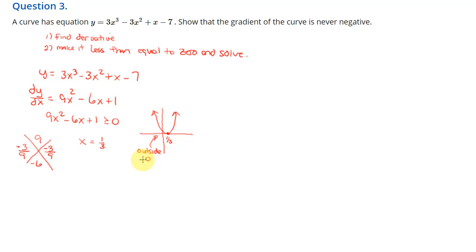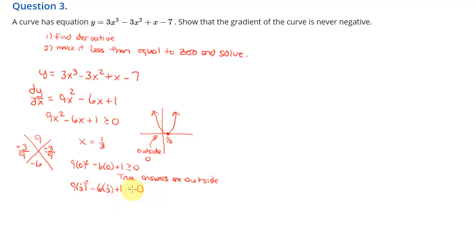So what I'm going to do now is check an outside point, just like I would have otherwise. If I plug a 0 in there, I'm going to find out that whenever I plug an outside point in, it's going to be greater than 0. So that's true. And then if I take 1/3 and plug it in, I'm going to find out that it's going to equal 0, which makes sense because it's an x-intercept, and x-intercepts are when y equals 0.